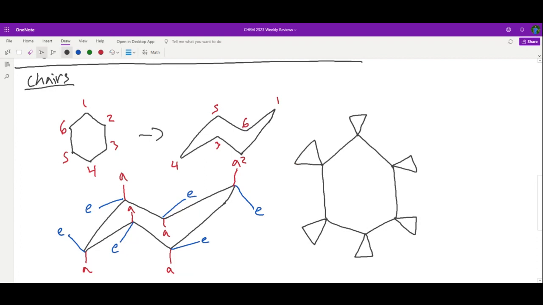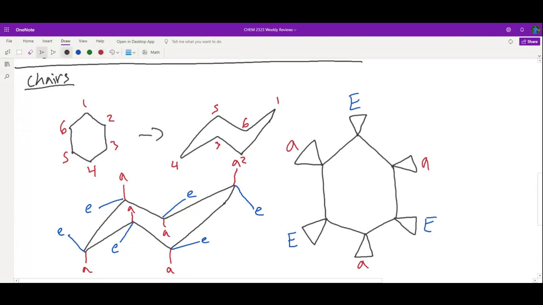So let's say you have this template. If it's all wedges, if it's all the same stereochemistry, you're going to alternate in your directionality. So this is going to be equatorial, it's going to alternate, and then here it's going to be axial.